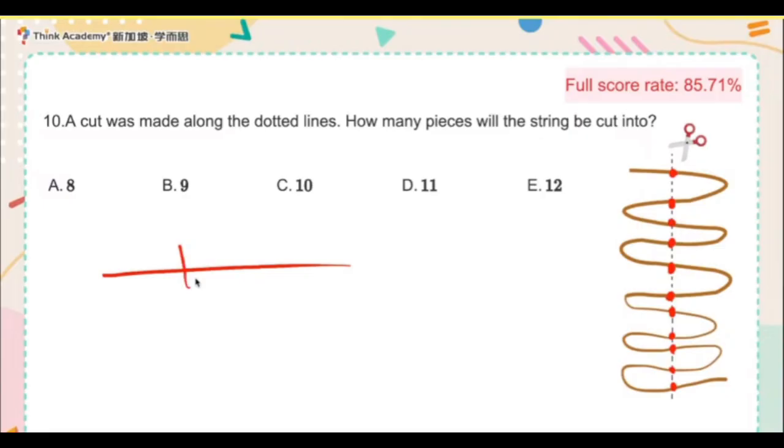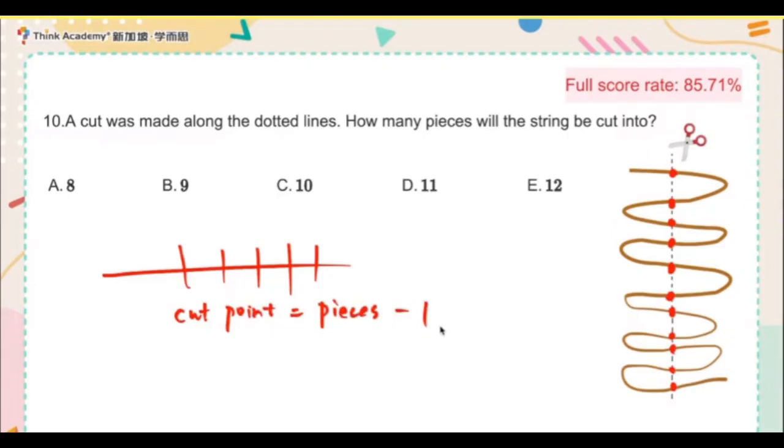Tell me in the chat box. 2, right? If I make 2 cuts, how many pieces? 3. 3 cuts, 4 pieces, 4 cuts, 5 pieces, 5 cuts, 6 pieces. So you can see the number of cut points is always the number of pieces minus 1, right?